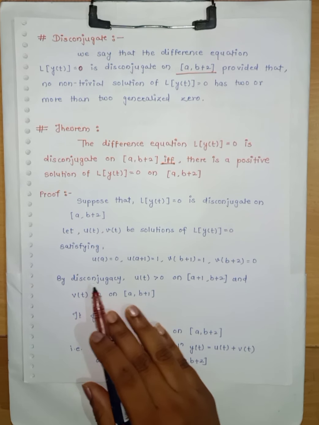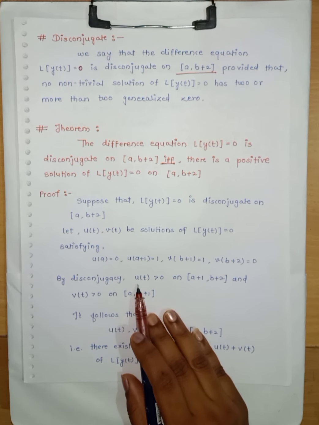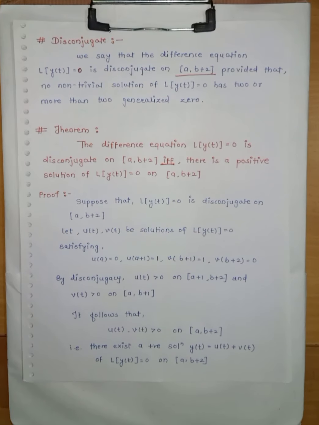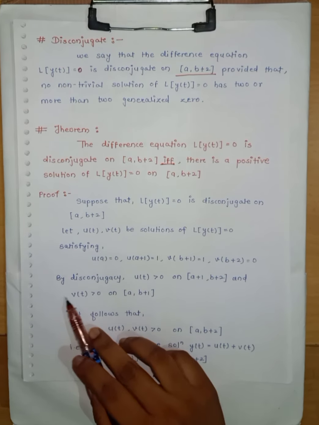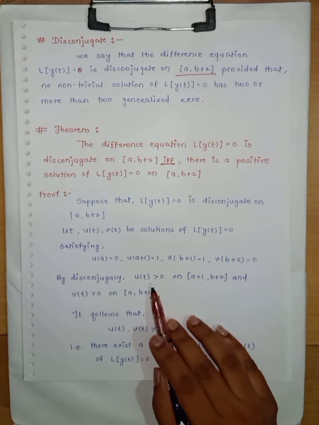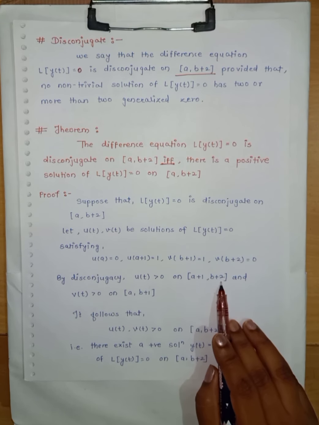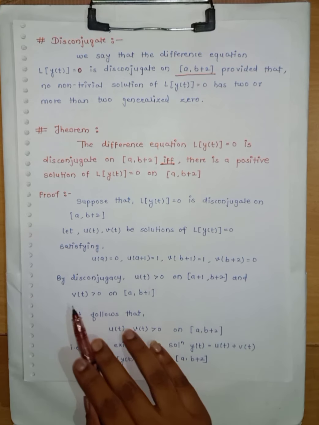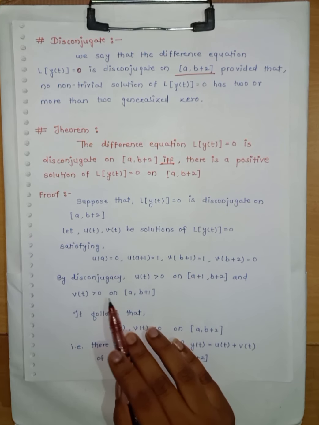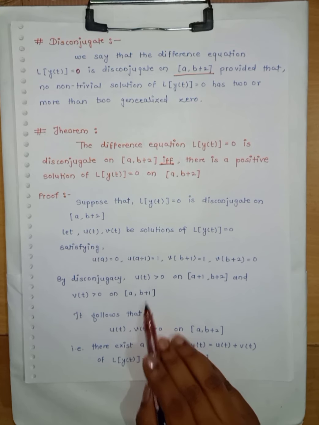Now by disconjugacy, u of t is greater than 0 on [a+1, b+2] and v of t is greater than 0 on [a, b+1].